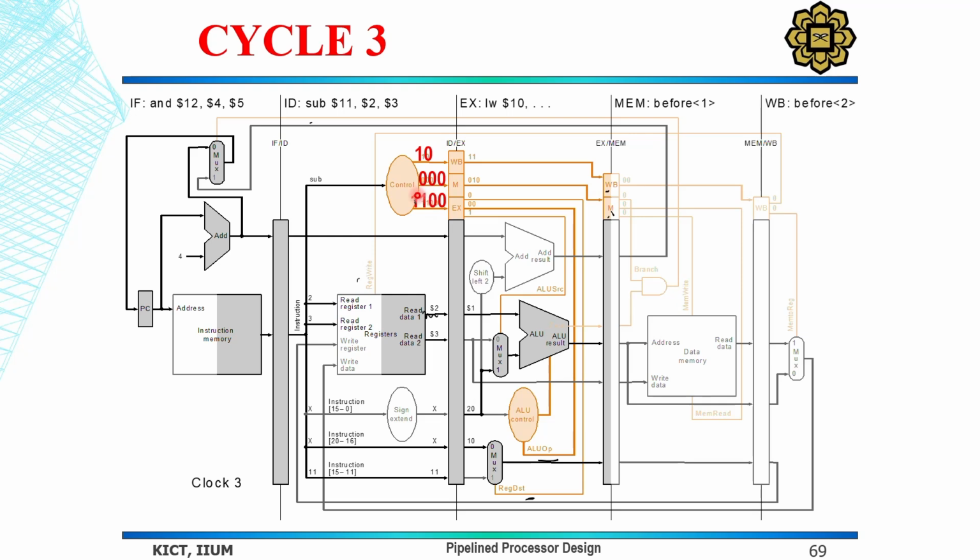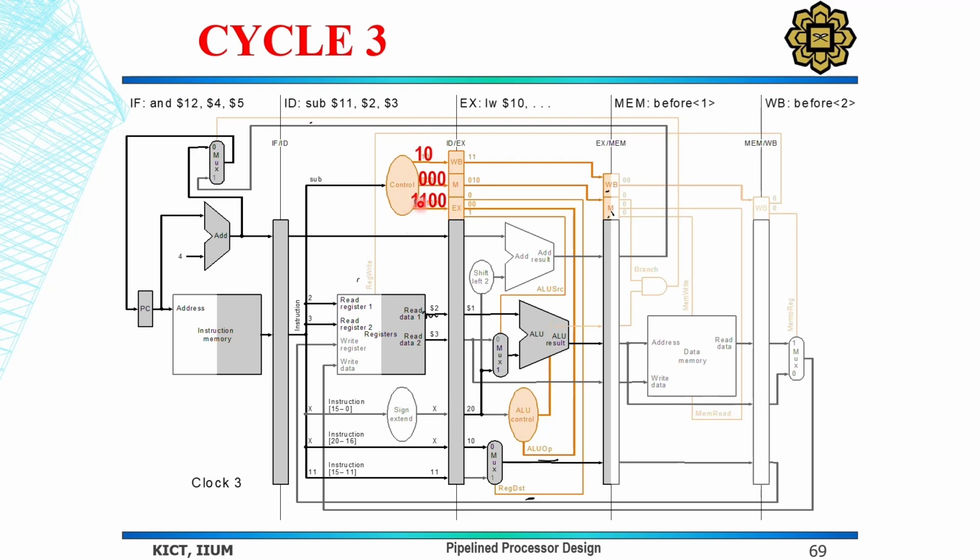For the memory, we have all 0, 0, 0, because there is no branch, no memory read, and no memory write, since this is a subtract instruction. In the write back, register write is enabled, because it needs to write the result in the register, and there is nothing for memory to register. So these control signals are generated for this one.